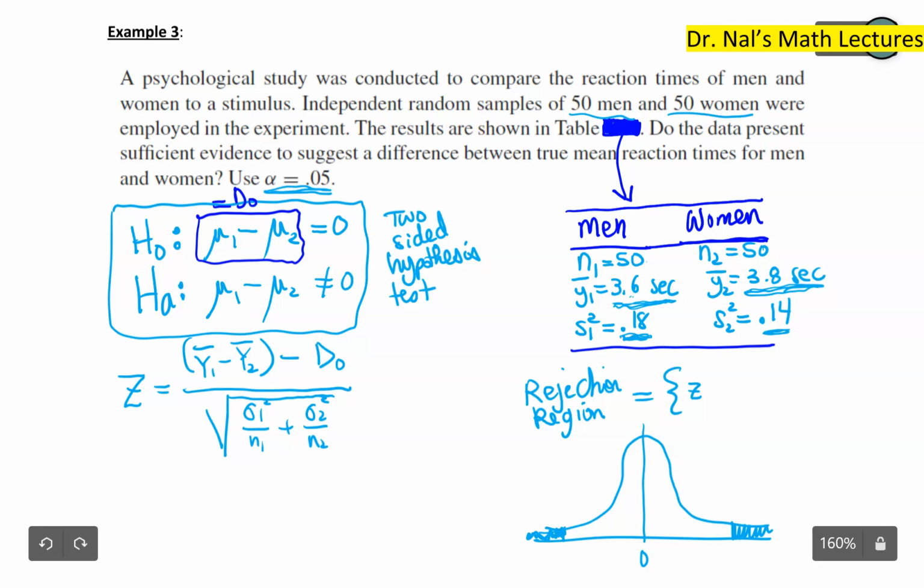We want to make sure we only reject if the z falls into one of these two rejection regions, and we are told the area sum of those two regions is 0.05, which means the area here is 0.025, and this one as well, 0.025.